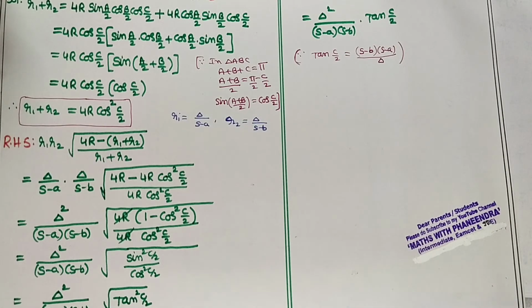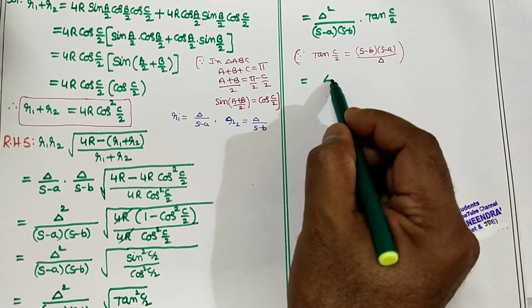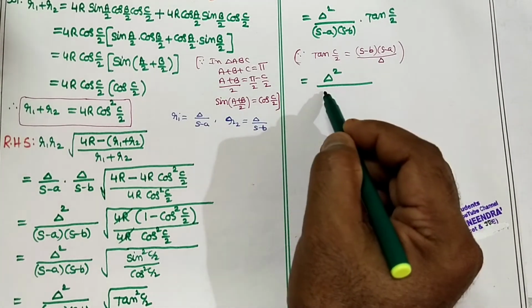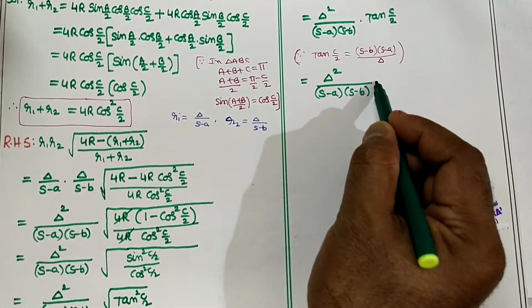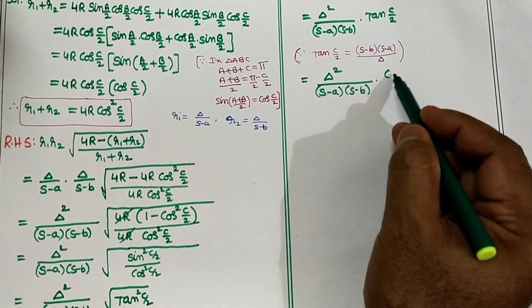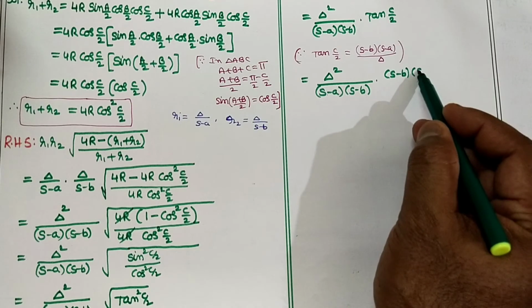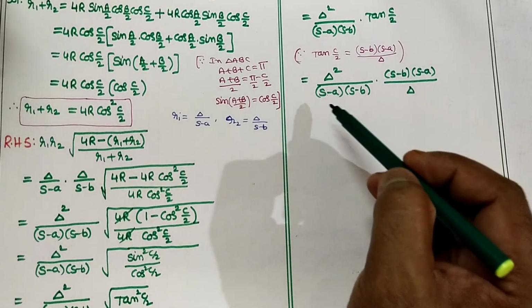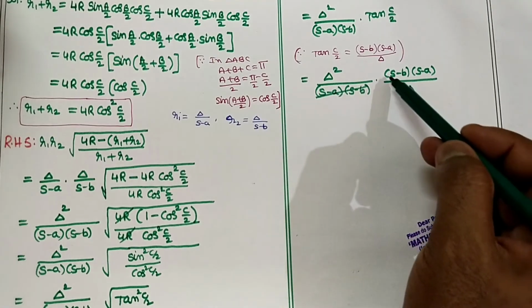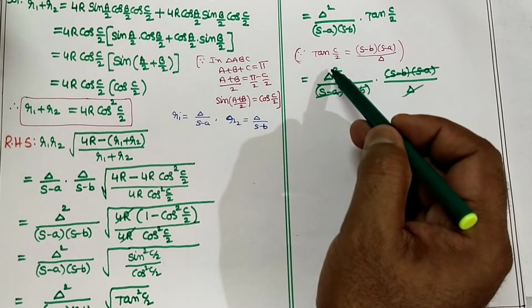So, which is equal to delta square by s minus a into s minus b, into, in place of tan c by 2, s minus b into s minus a divided by delta. So absolutely we can cancel these two values along with one of the delta.